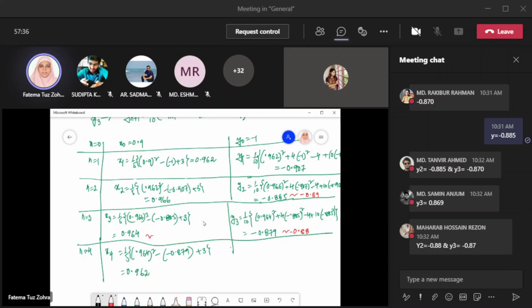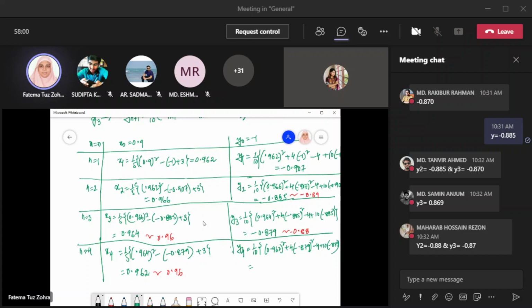y4 is equal to 1/10 of 0.962 whole square plus 4 into minus 0.879 whole square minus 4 plus 10 into minus 0.879.